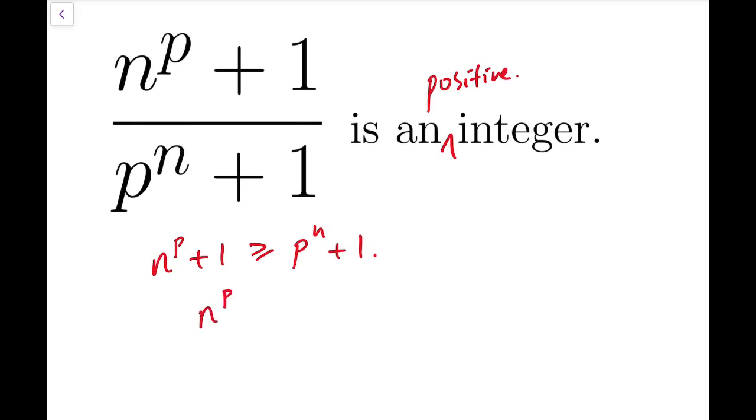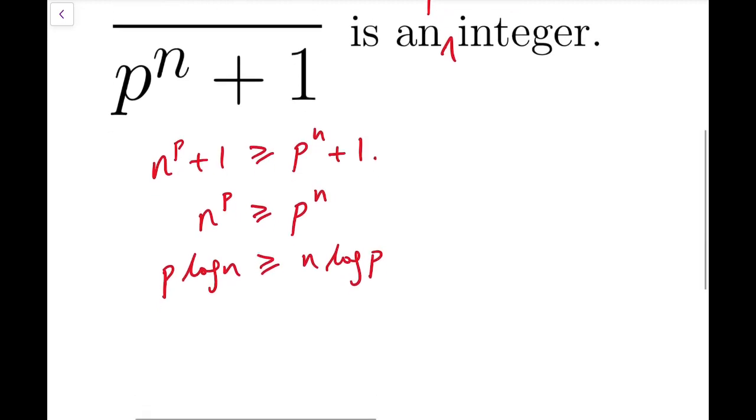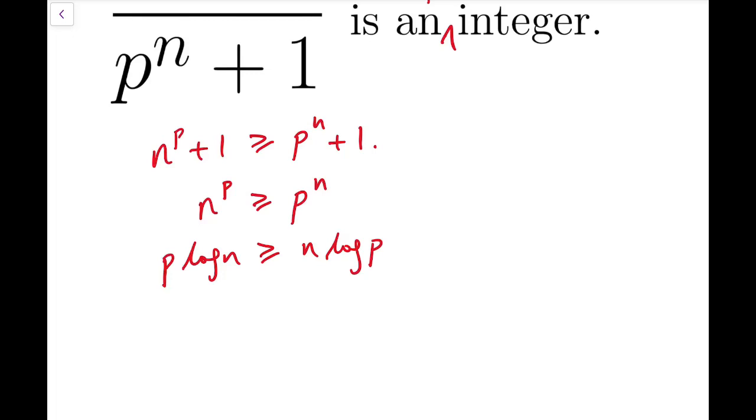Now, given this inequality, I will have n to the p is greater than or equal to p to the n. And I'm going to take log on both sides. Then p log n is greater than or equal to n log p. And I'm going to divide and move n and p to the other side. And I have log n over n is greater than or equal to log p over p.